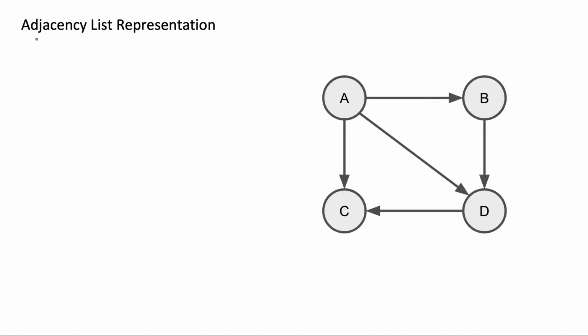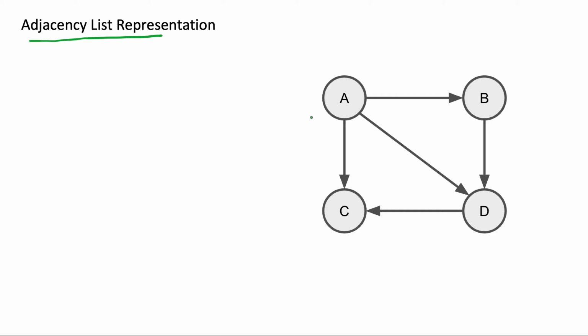Now we will look at the adjacency list representation. The adjacency list representation solves the problem related to the wastage of memory when you represent a graph using adjacency matrix representation. So usually adjacency list representation is used when the graph is sparse.